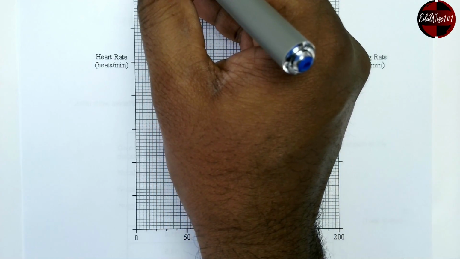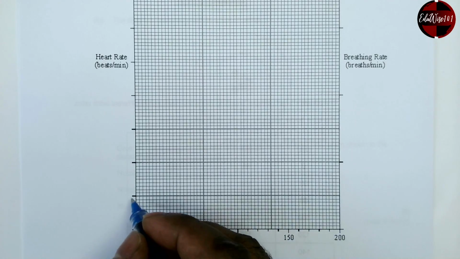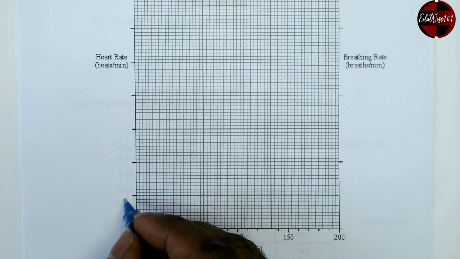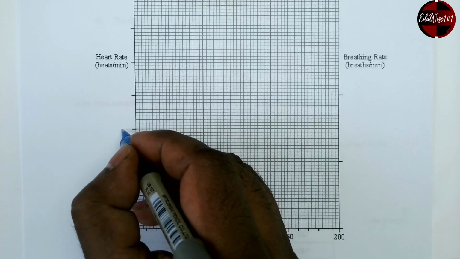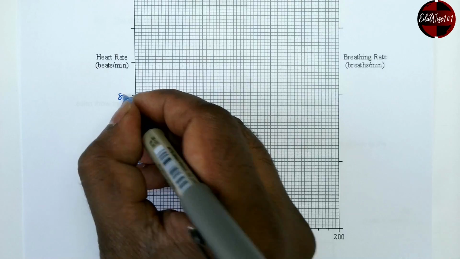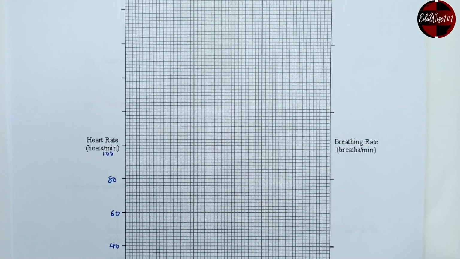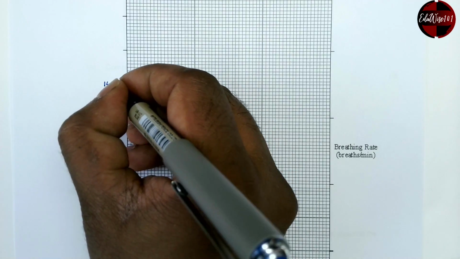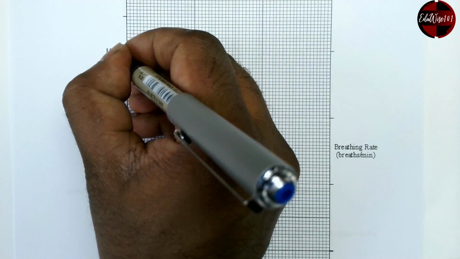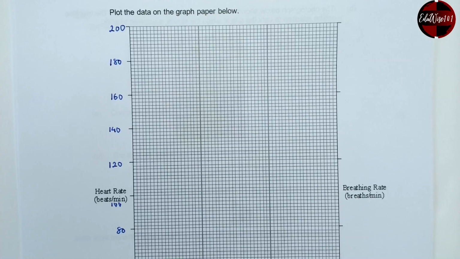So if I take 20, 40, 60, 80, that's 100 there, and then 120, 140, 160, 180, and then 200 again to the top.